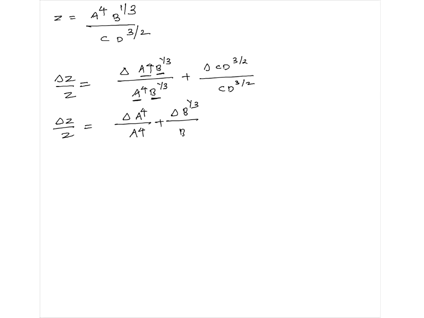Relative errors or percentage errors as applicable.